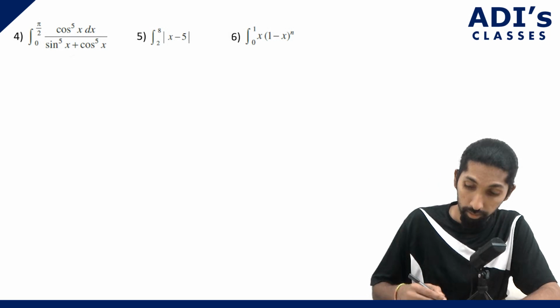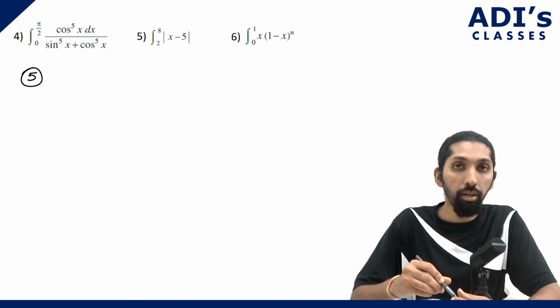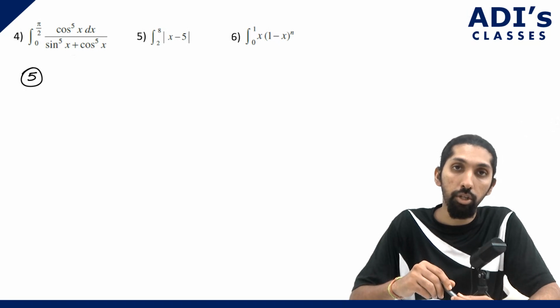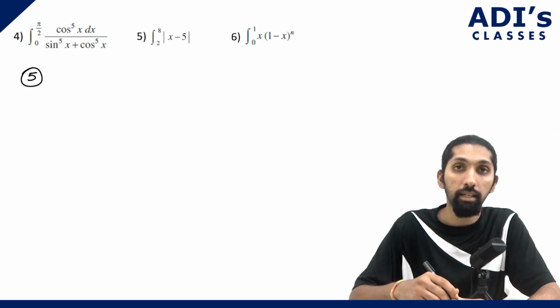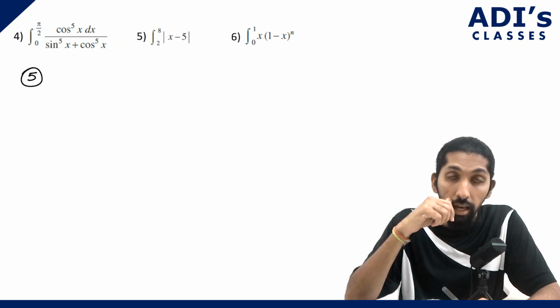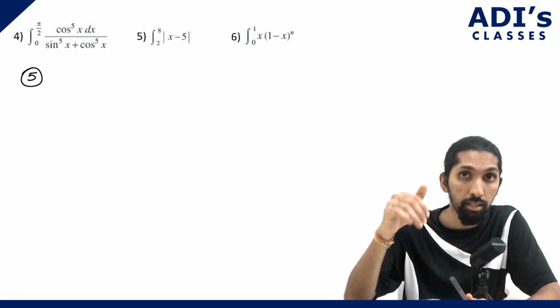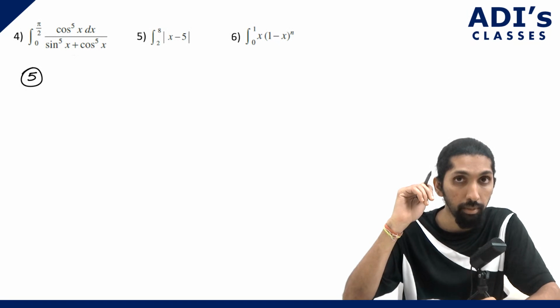See the fifth question. Do you remember one of the examples which I showed you? That modulus type of question. This is exactly the same. Now since you have x minus 5, anything less than 5 is negative, anything more than 5 is positive, isn't it? So we split the limit.